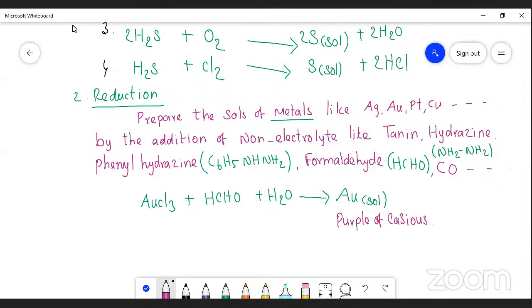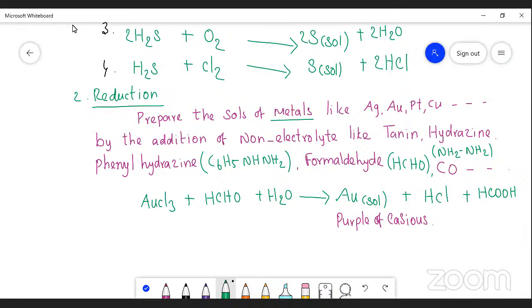So here we are preparing a gold salt, and the byproduct is HCl. Formaldehyde is a reducing agent, so it gets oxidized to formic acid, HCOOH.